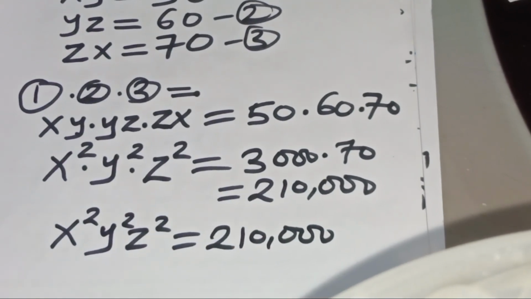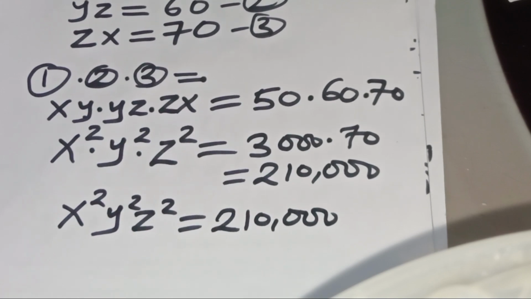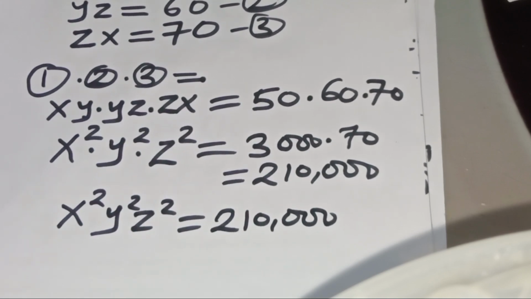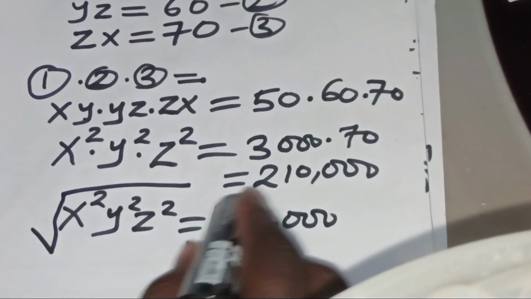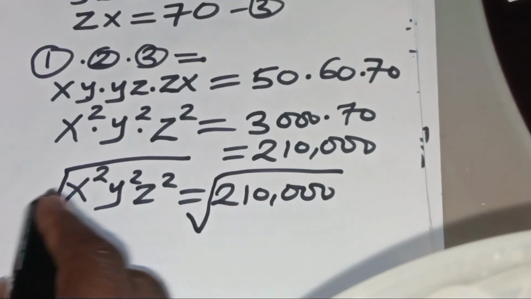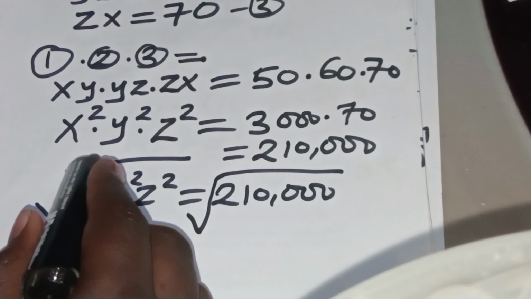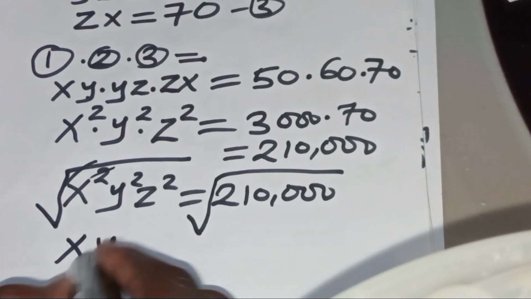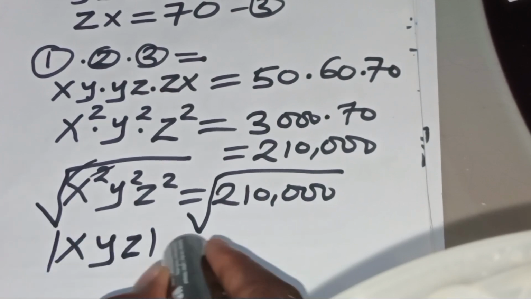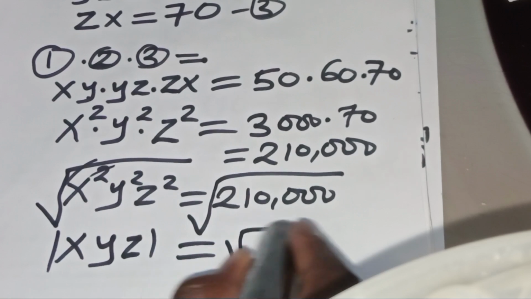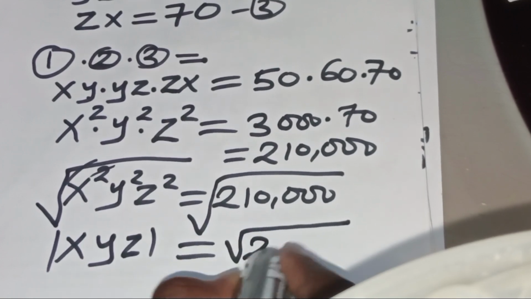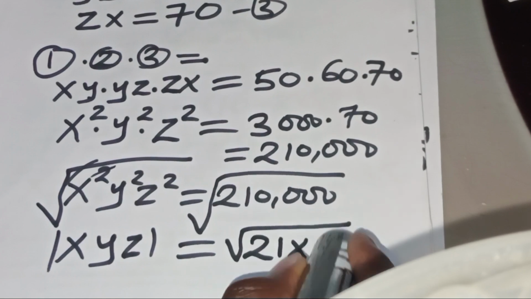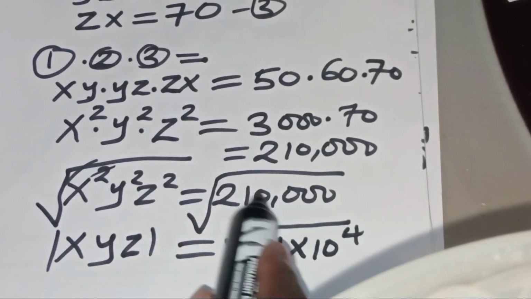The next phase is to determine the value of xyz, and to do this we take the square root of both sides. We can express 210,000 as 21 times 10 to the power 4, since we have 4 zeros.